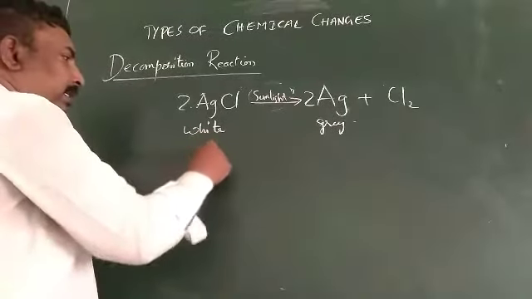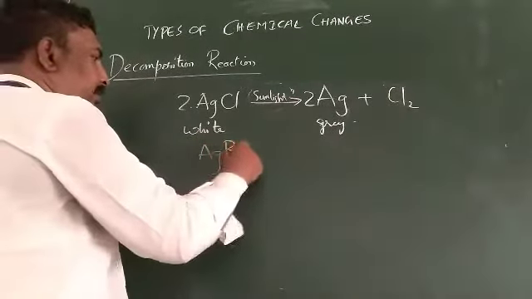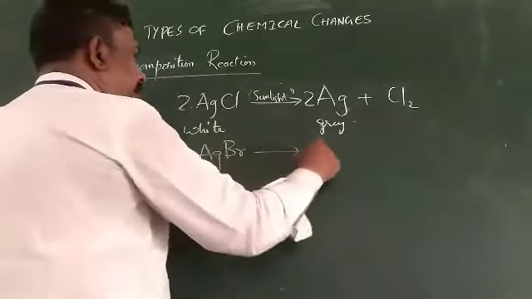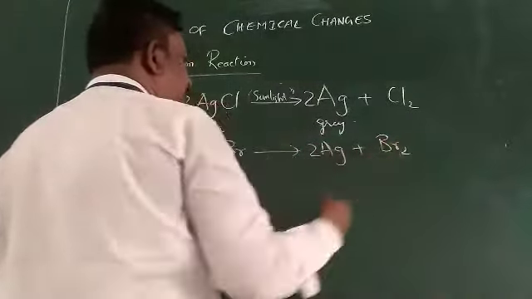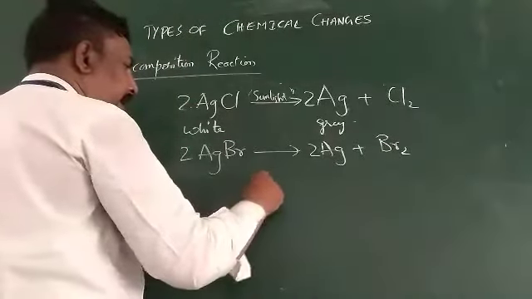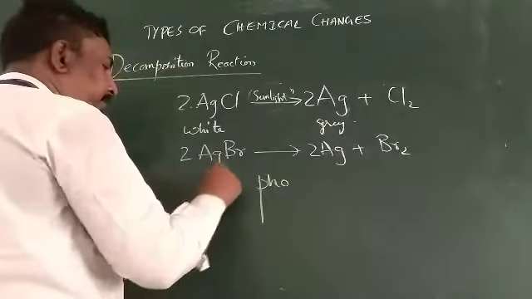Not only this, silver bromide also reacts in a similar way. It will convert into silver and bromine. These reactions are used in black and white photography.